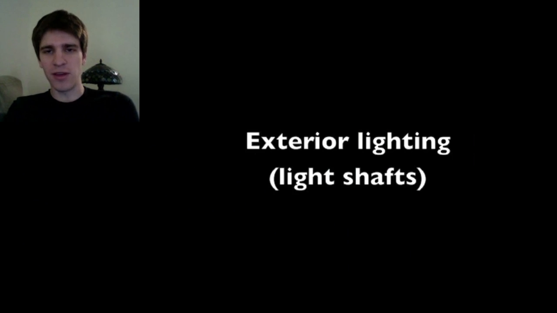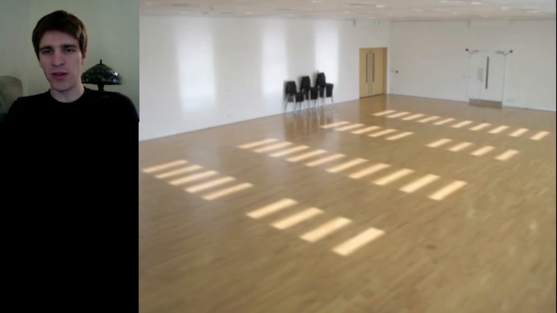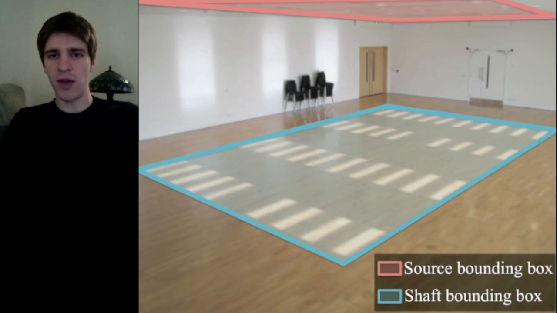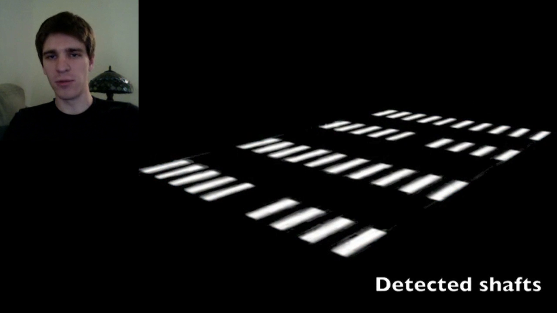This is showing our technique for recovering external light sources. We call these light shafts, and we just mean pools of light that are coming from outside the scene, and they're usually very strongly directed, such as sunlight. What we first do is have the user give a mask of where the pools of light are.